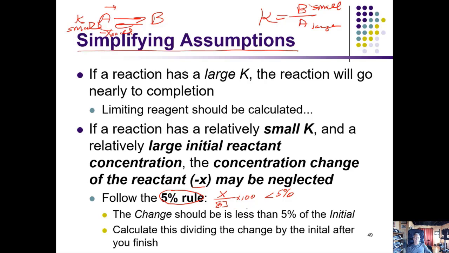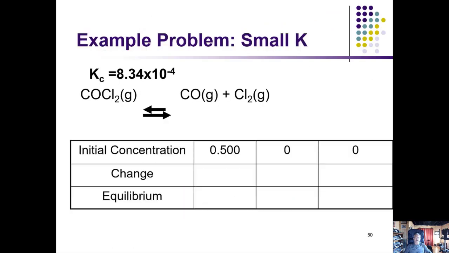That's the protocol we're going to use. The change should be less than 5% of the initial concentration of our reactant. Calculate this by dividing the change by the initial after you finish, which we just did. All right, so here is our first example.